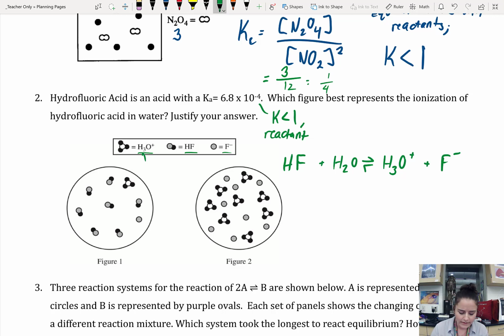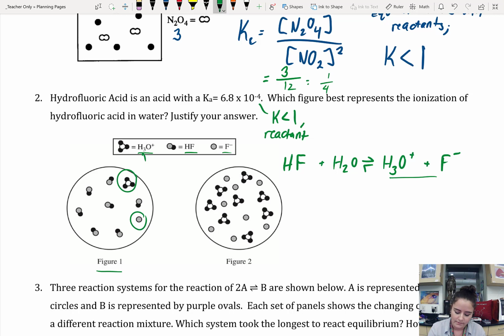Okay, now in figure 1, notice we have only a little bit of the products, where in this one we have all products, no more HF. So which one of those best represents this reaction at equilibrium?